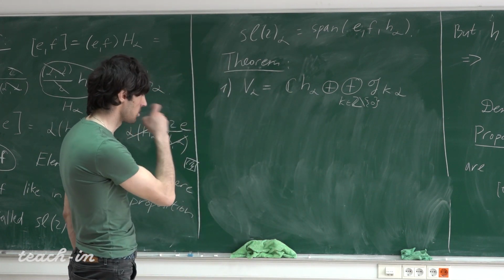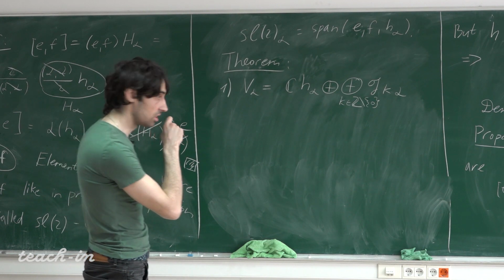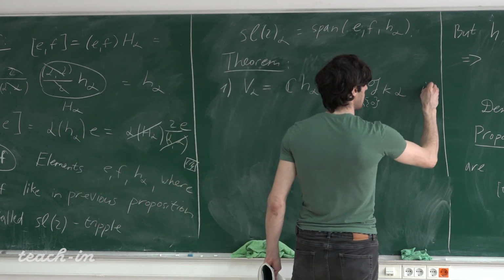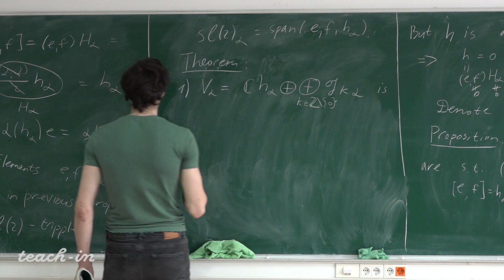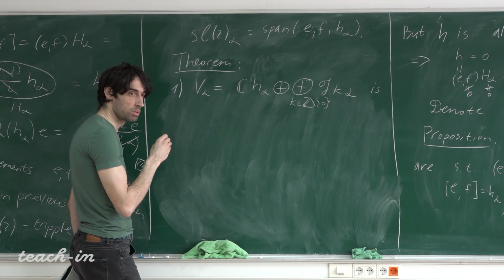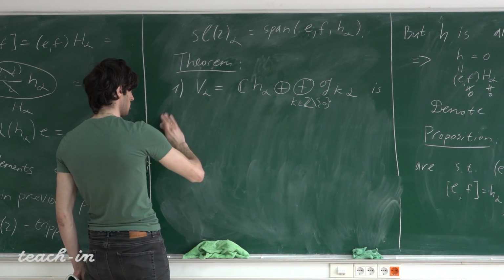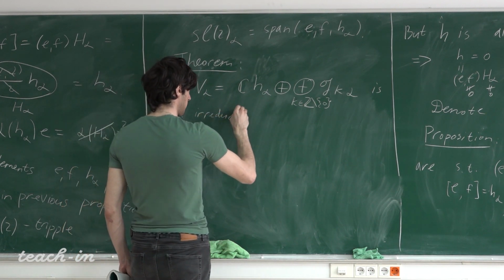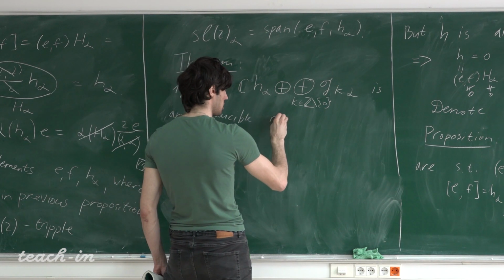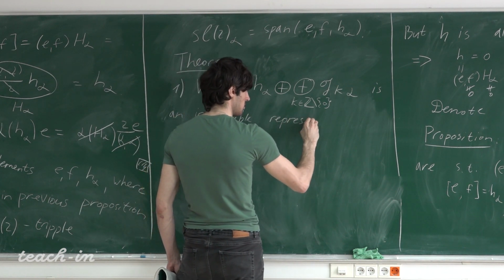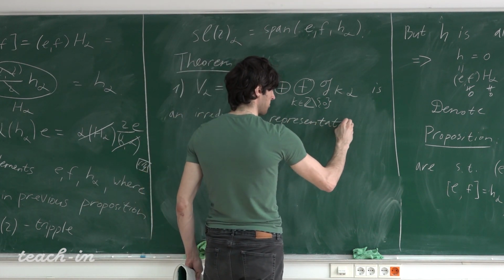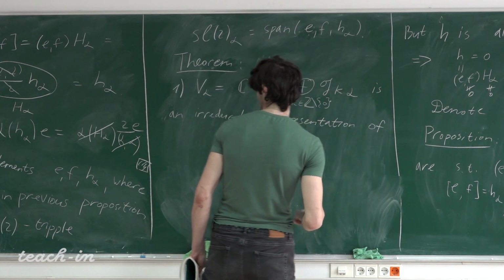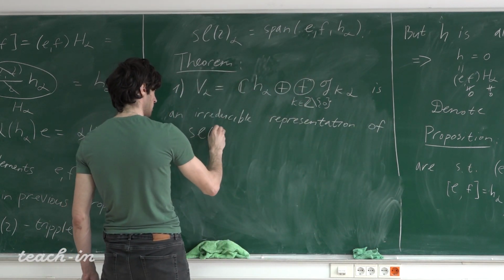So if we denote such subspace V alpha, then I claim that it is an irreducible representation of SL2 alpha.